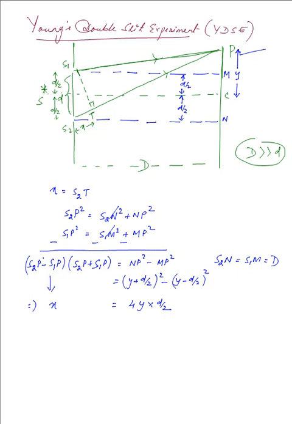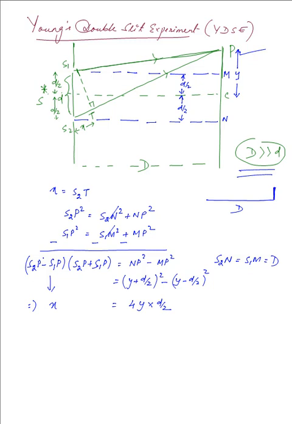Now, as I said, this condition is going to come up with this distance being very, very large, and the distance between those two slits being very small.